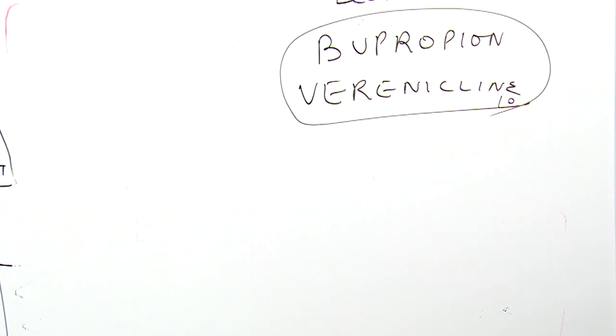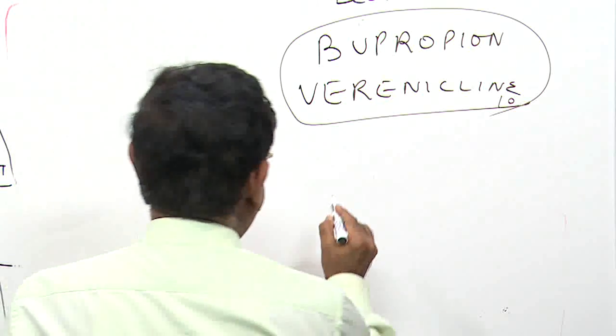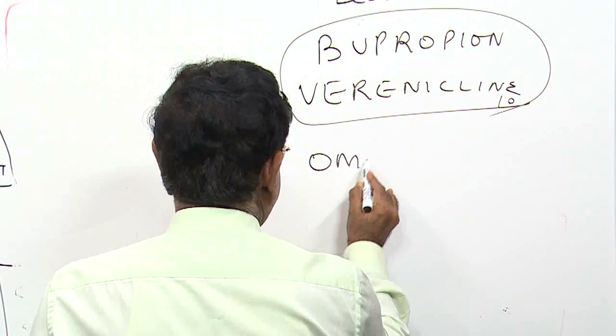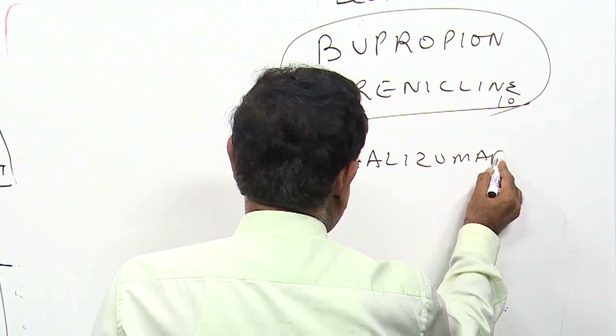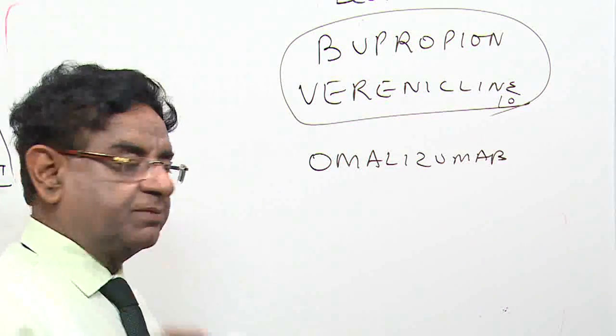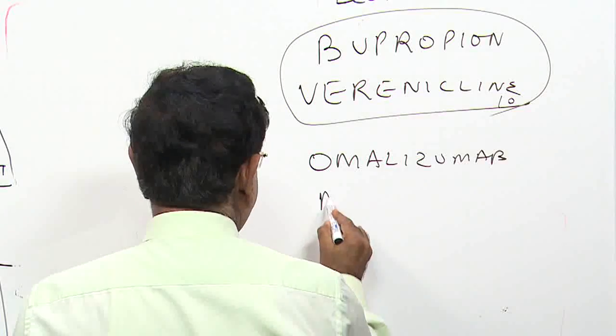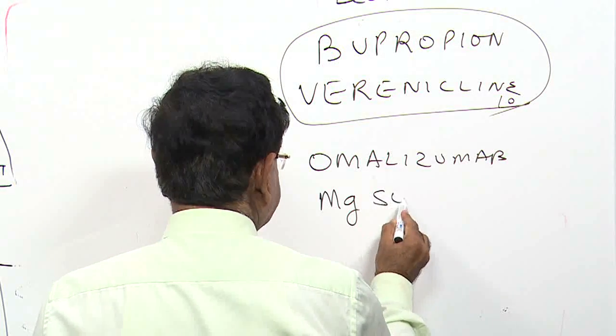Okay? Well, friends, we have a new drug in the treatment of bronchial asthma, omalizumab. We are using it for treatment of bronchial asthma, and in severe asthma we use even magnesium sulfate.